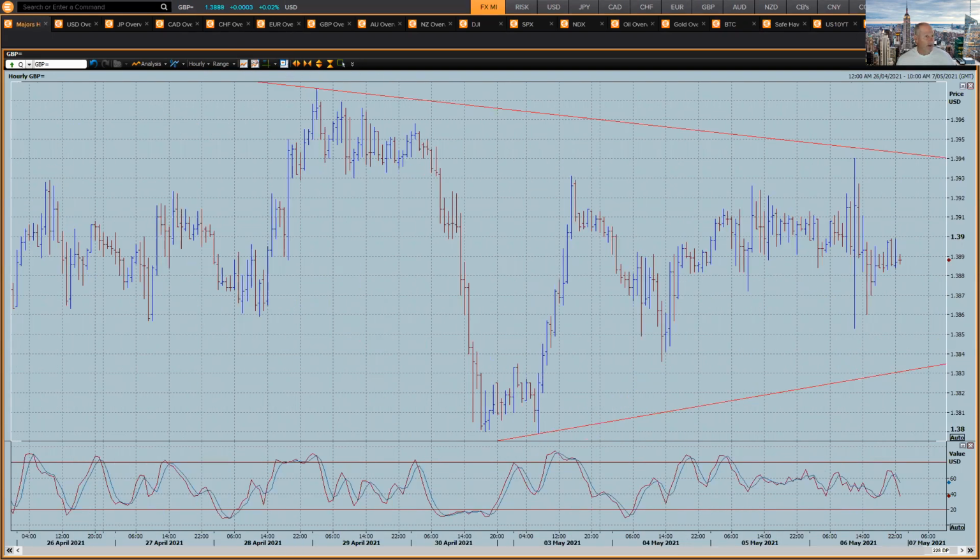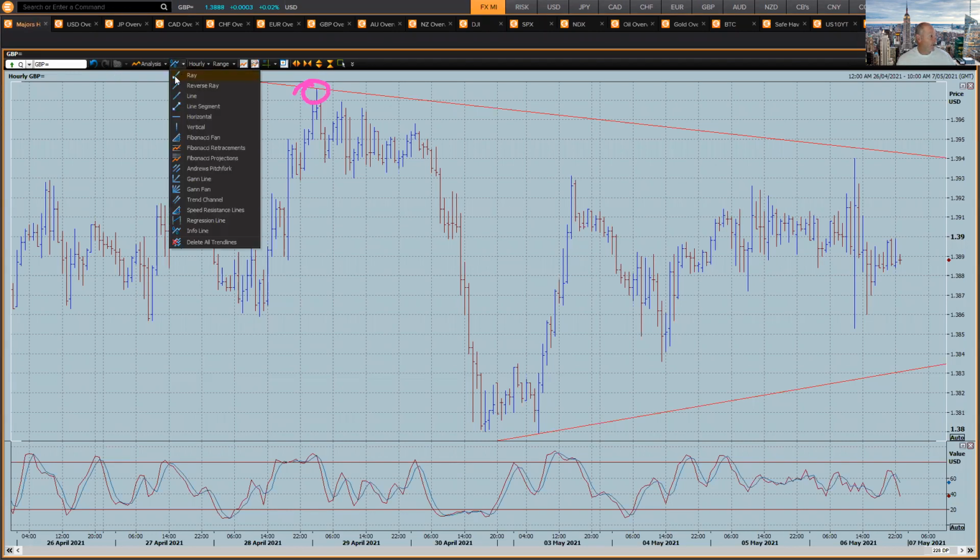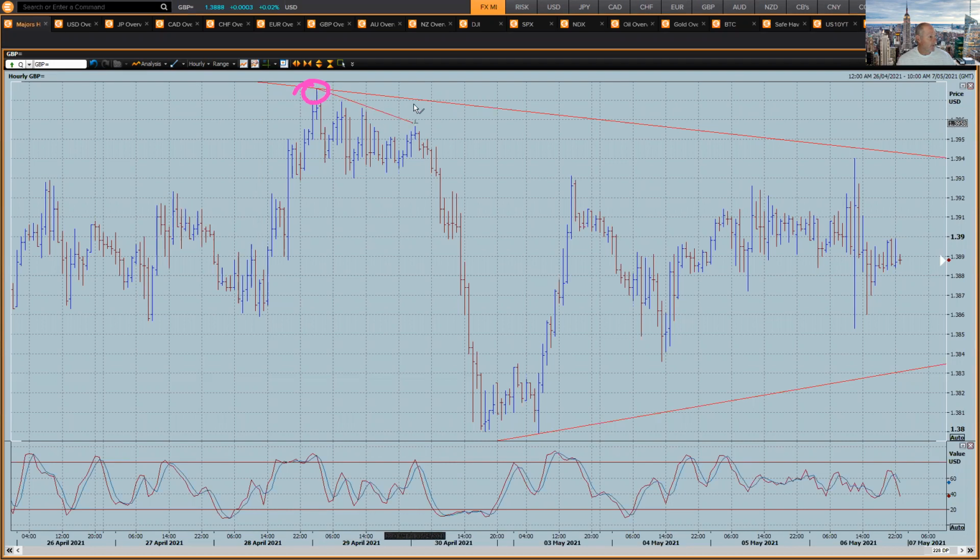Now, if I zoom in here, we've got a starting point here, and this is the area in question. If I draw a trend line from this point, it's a pretty short time frame, but there are at least 3 touches over the course of a day, day and a half.